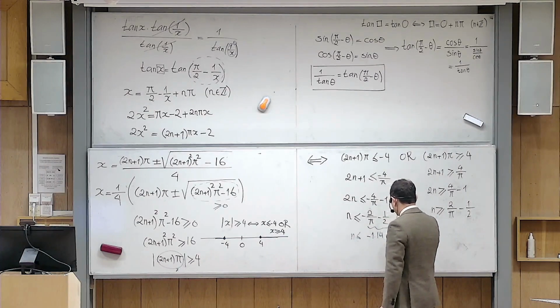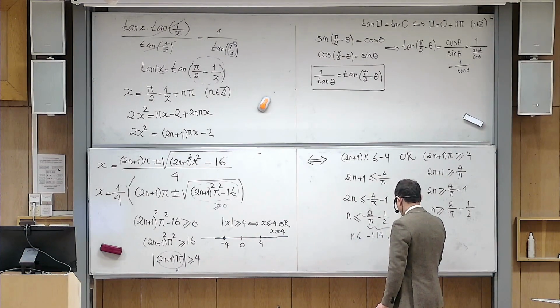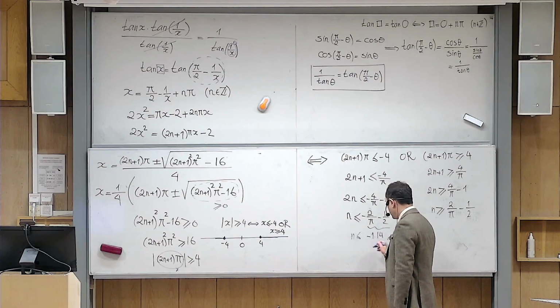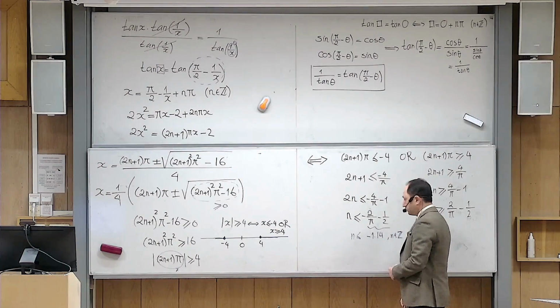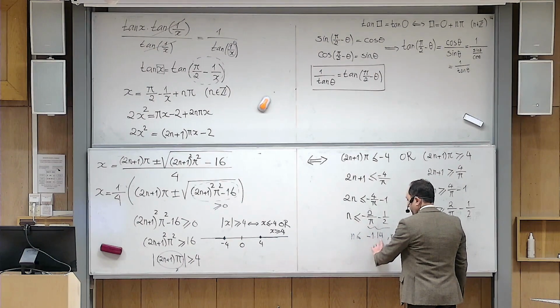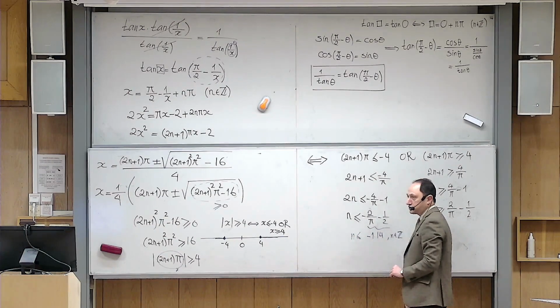On the other hand, we know that n is an integer. So the possible values for n so far are these values. Is 0 acceptable? No, because I want to go on the left-hand side of this number. So the first integer on the left-hand side of this number is minus 2.